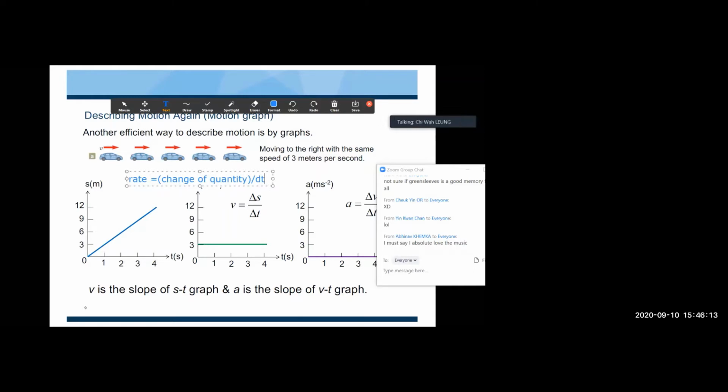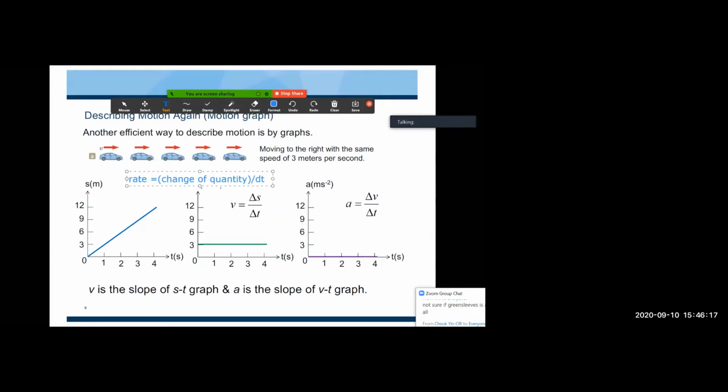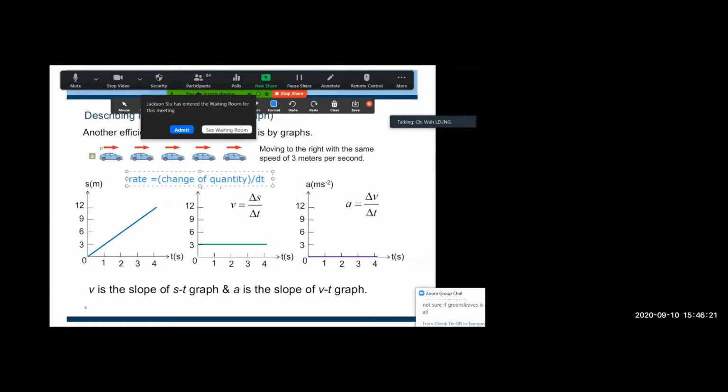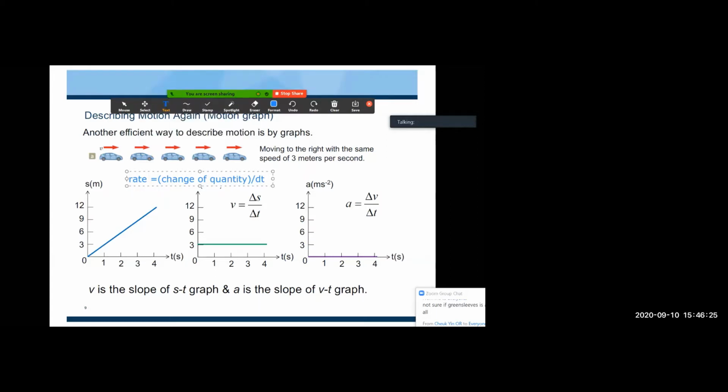of time. So here you can see that the velocity, for example, is the change of displacement from a certain location over a certain period of time, delta s over delta t.